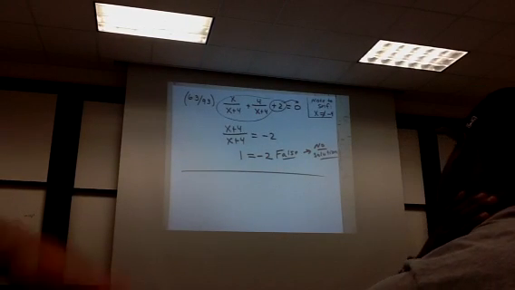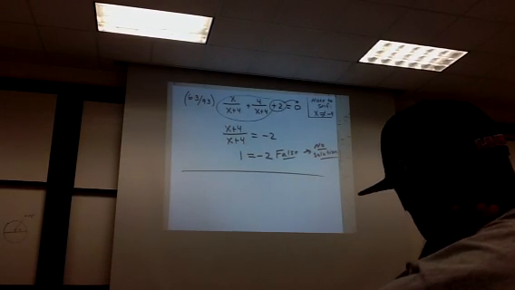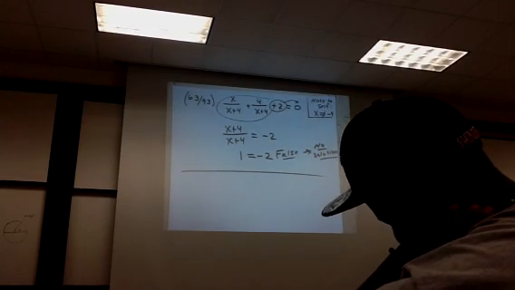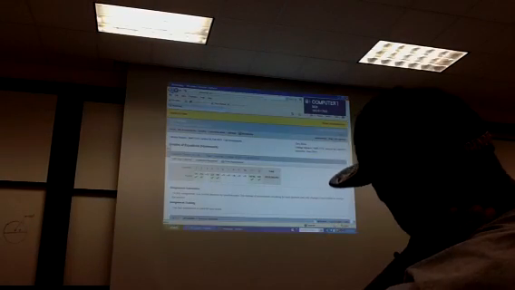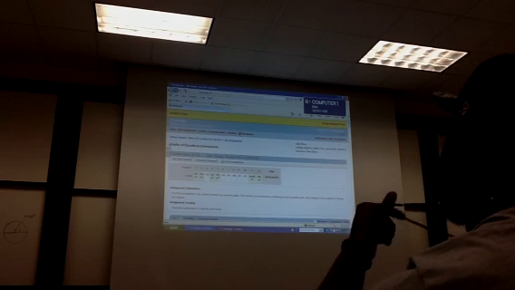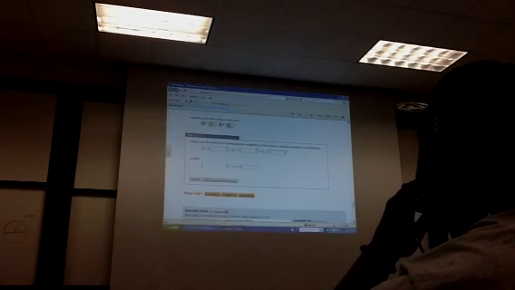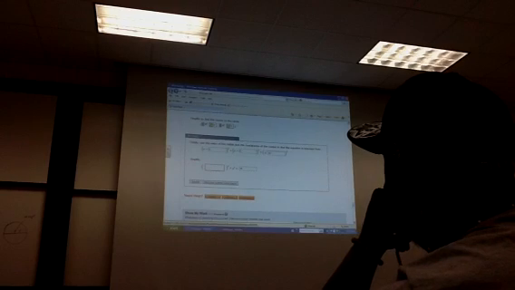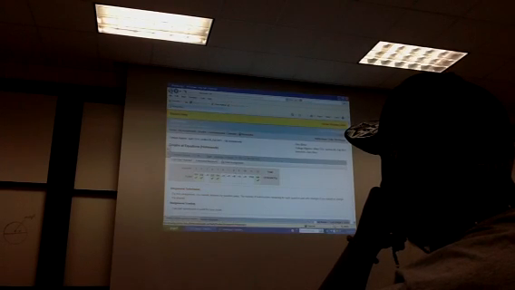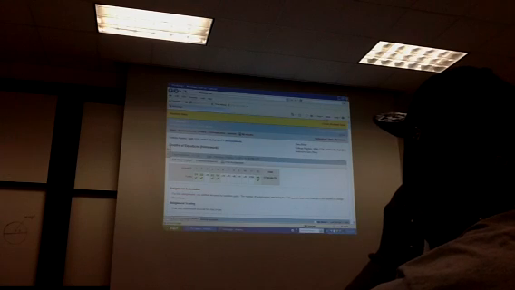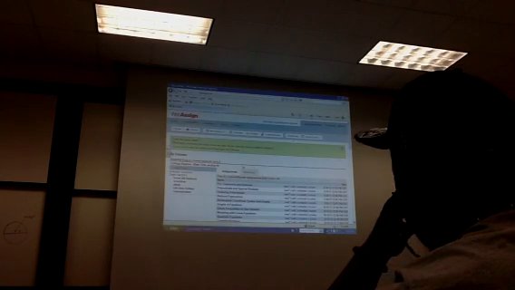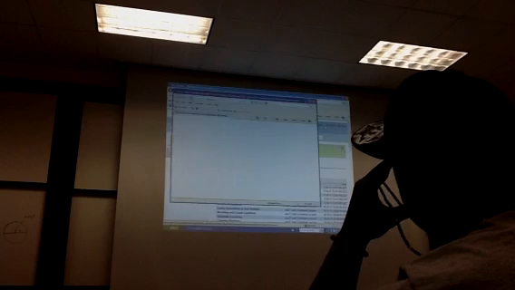And the best way to start talking about word problems is to work some word problems. So with that in mind, let's go to the website. Let's do the student view.